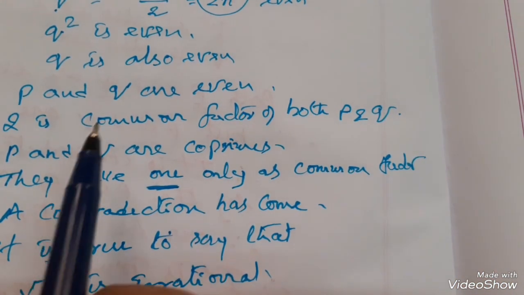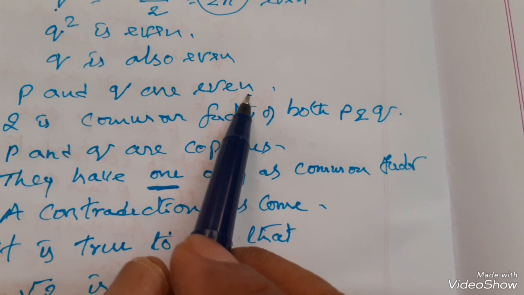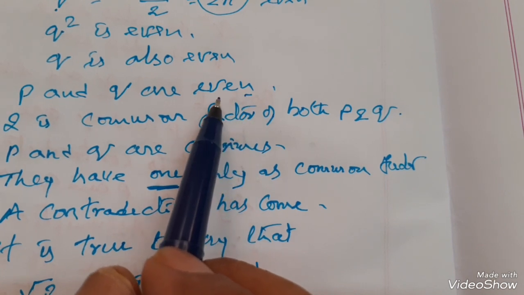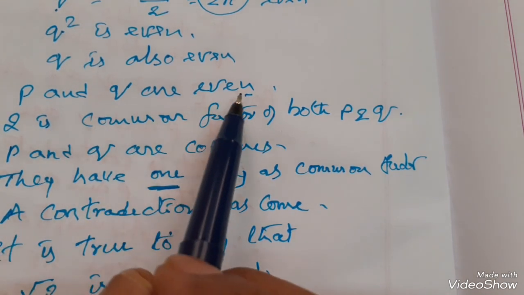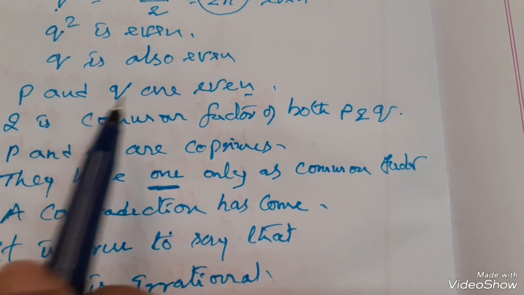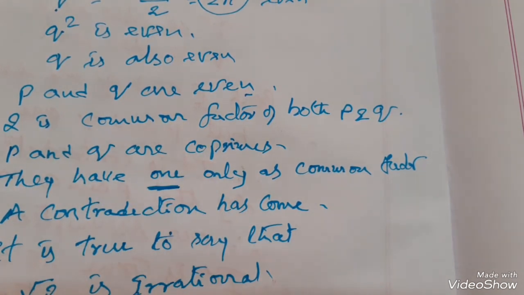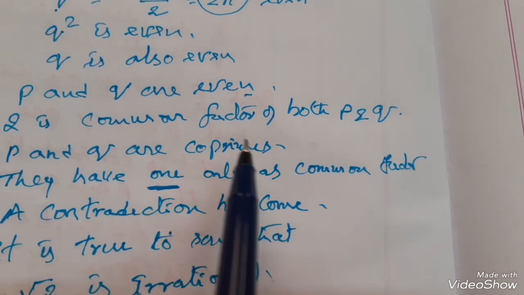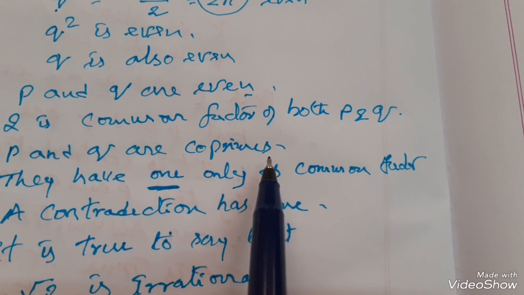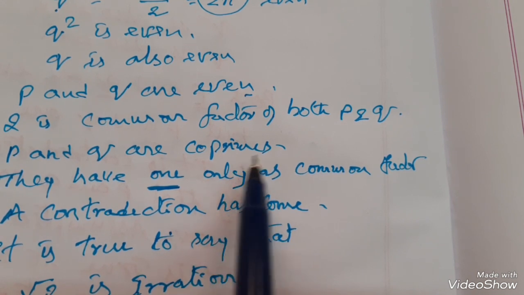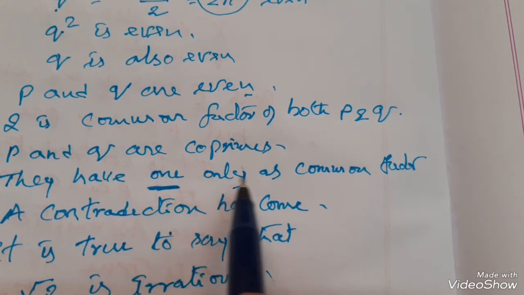Understand, here actually when P and Q are even numbers, by taking the wrong assumption, we get P and Q are even. When both are even, we can have 2 as the common factor. But here P and Q are already defined as coprimes. So coprimes mean they have only 1 as a common factor.